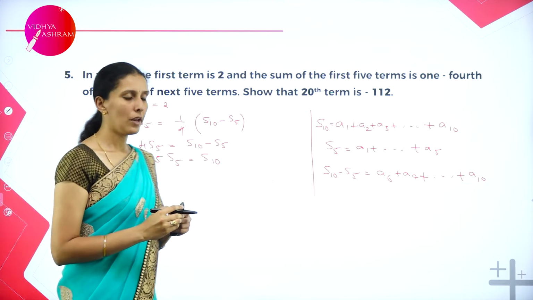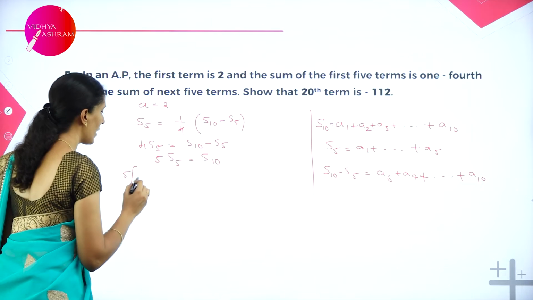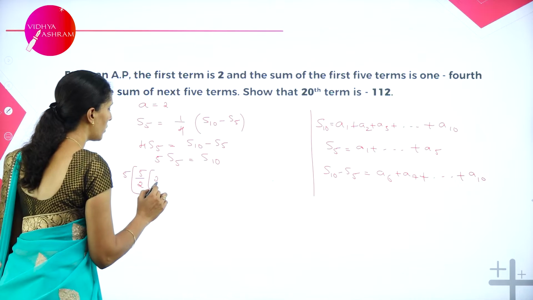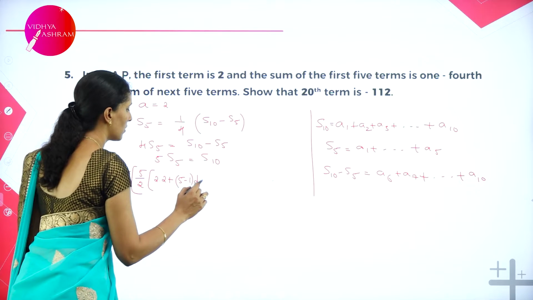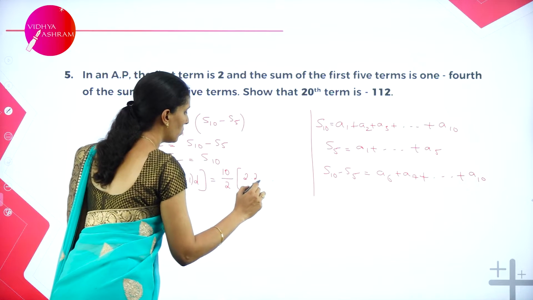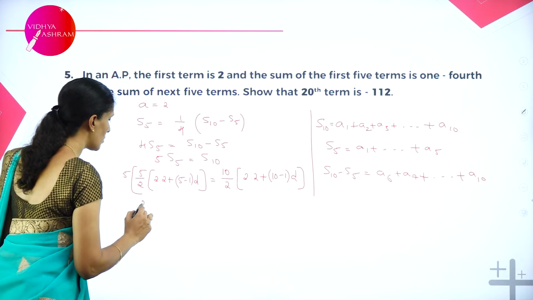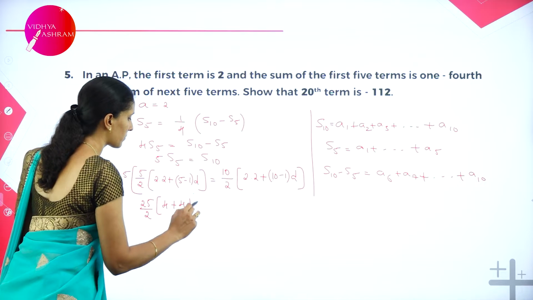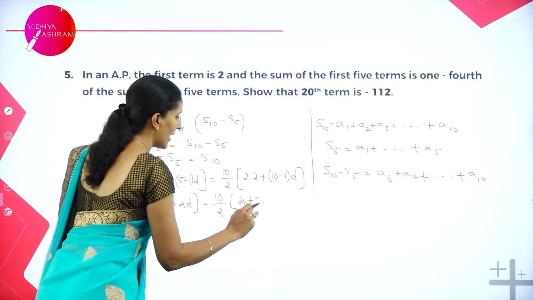So let us use the formula now. 5 into S5 can be written as 5 by 2 into 2A, that is 2 into 2, plus 5 minus 1 into D. Next I have 10 by 2, 2 into 2 plus 10 minus 1 into D. So let's see now, this is 25 divided by 2 into 4 plus 4D, equals 10 by 2 into 4 plus 9D.